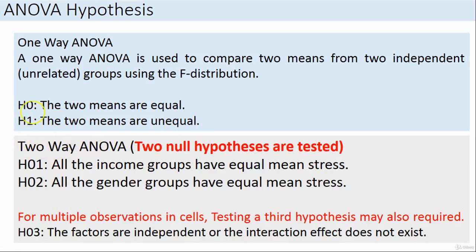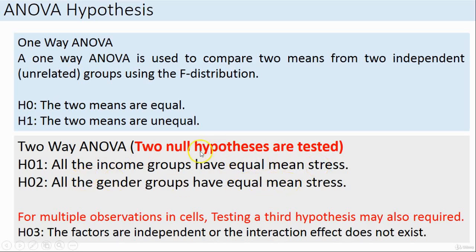In the case of two-way ANOVA, there is a null hypothesis for both levels. Say we had some kind of income level: all the income groups have the equal mean stress, and all the gender groups have the equal mean stress.